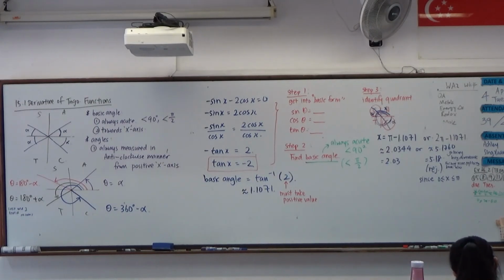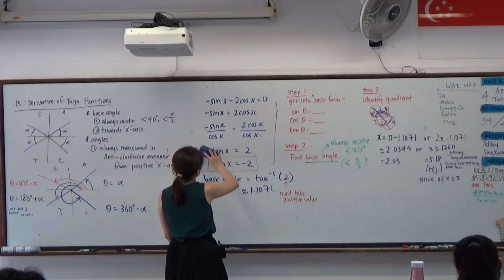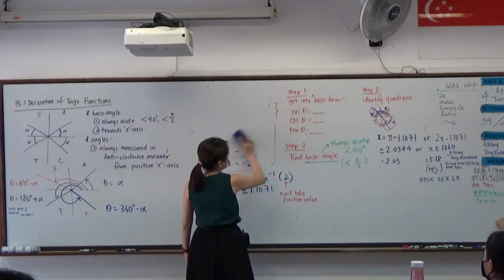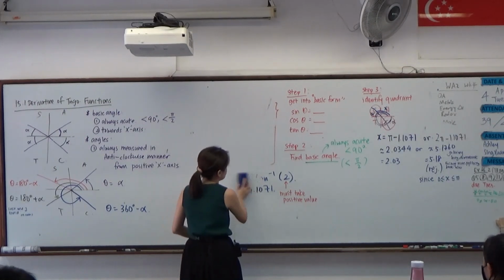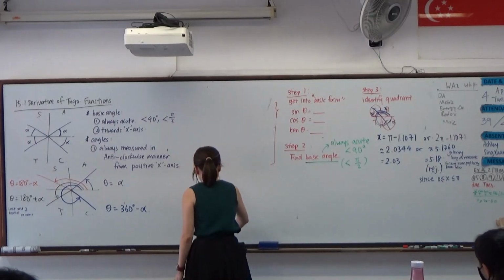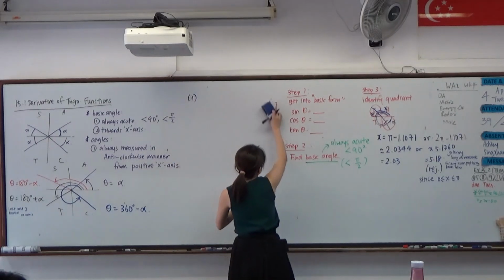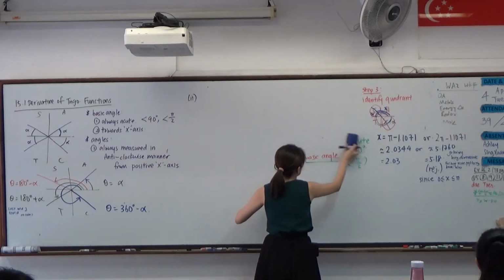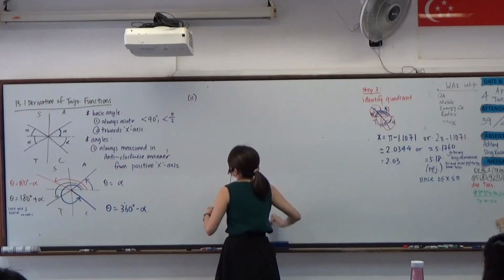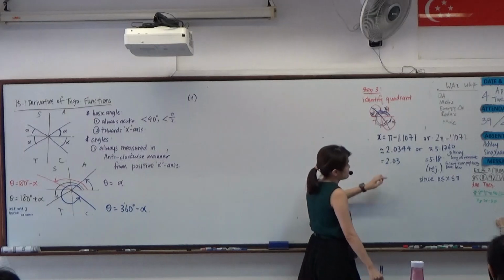Then, part 2, in the question they ask us to determine the nature of this stationary point. To determine the nature of the stationary point, we only have one x value, 2.03.